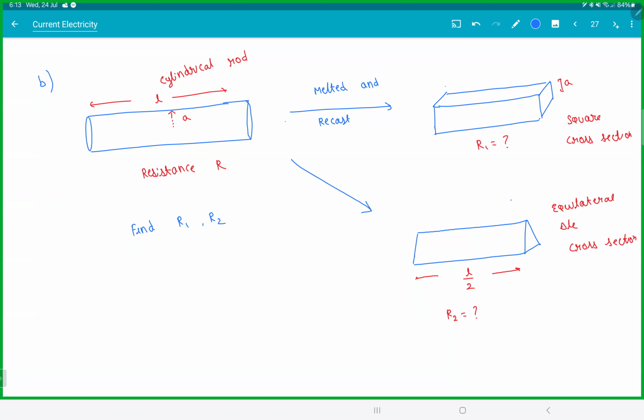Anyway, volume is constant, so you can measure it that way. Let's see. Finish off 30 seconds.